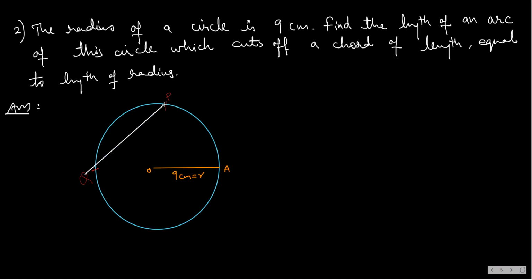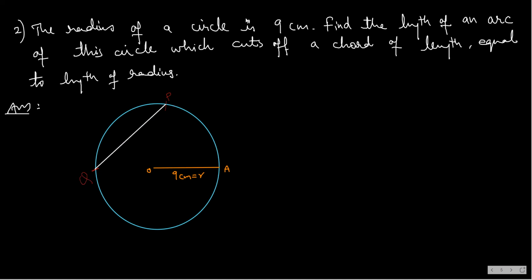So always remember that whichever arc you have on a circle, that arc will always give you a corresponding chord. Every arc will give you a corresponding chord. So here, the extreme points of the arc on the circle, when you join, you get a chord.